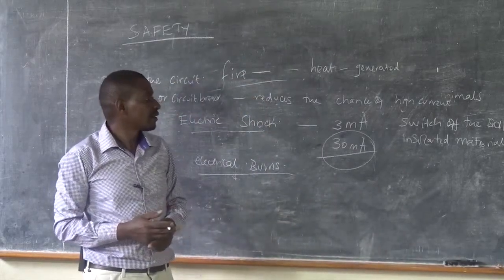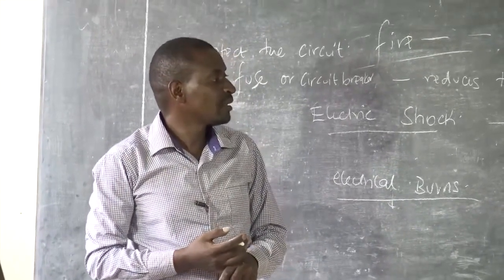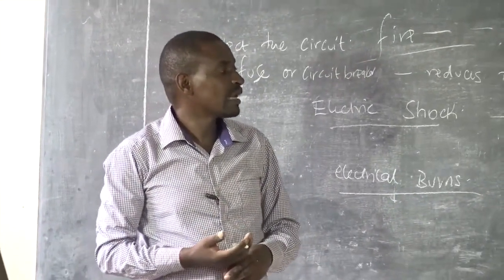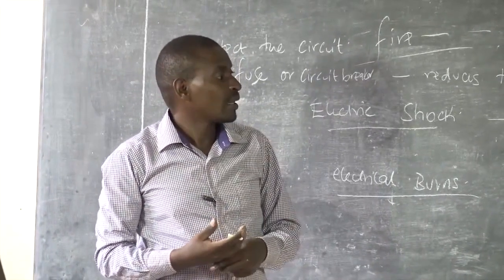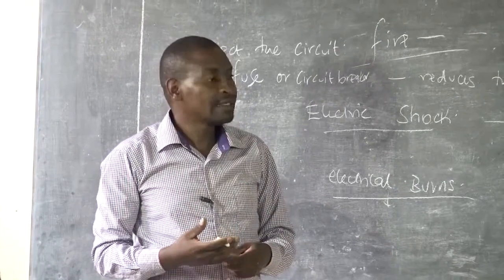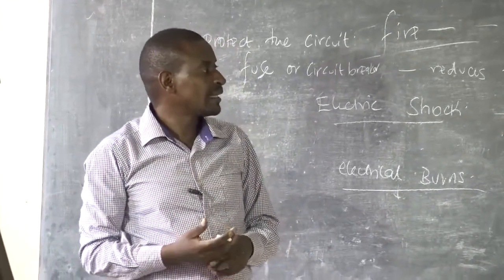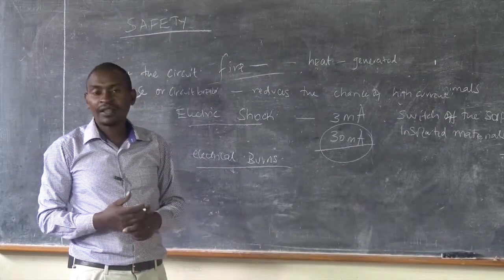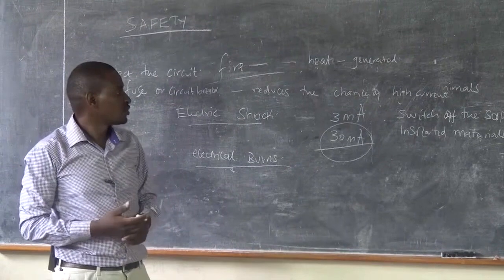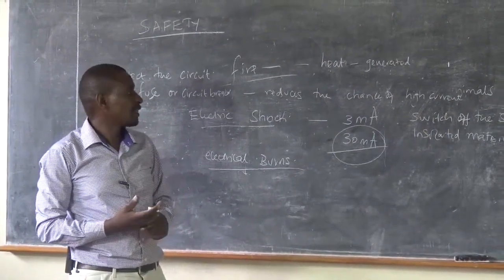If they are not breathing, you should administer first aid, either mouth to mouth or another resuscitation method, so that you get the victim breathing again. Because if they are not able to breathe, there is a risk that you might lose them.